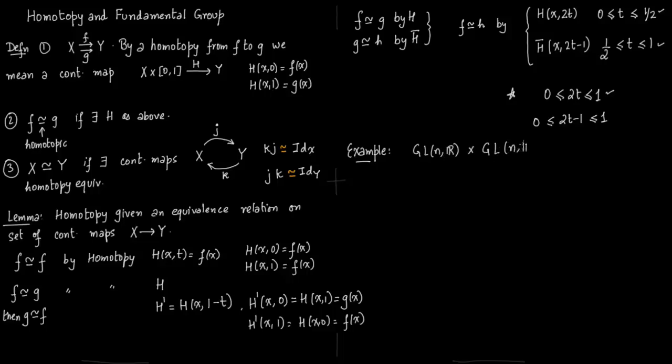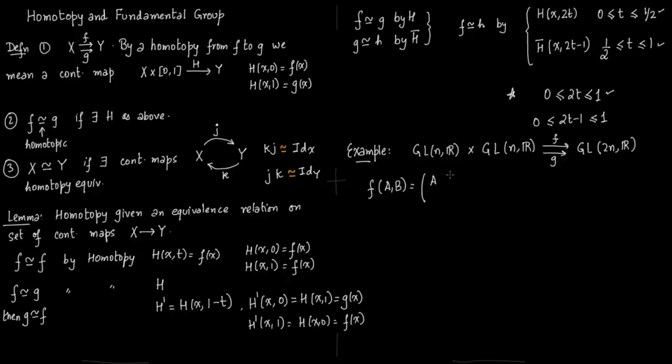Now let us give an example. Say you have general linear matrices and you have two maps F and G, and they map to a 2n by 2n matrix. So we need to show F and G are homotopic to each other.